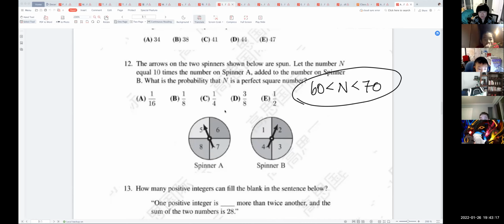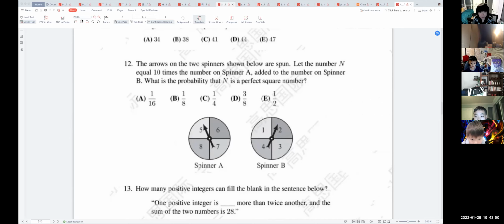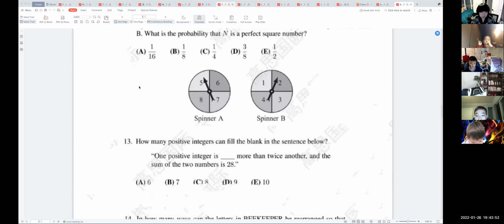So Isaac, how many numbers of n are bigger than 60 and smaller than 70? So we have 61, 62, 63, 64, correct? Do we have anything else? Nope. So it's 4 over 16. So the answer is 1 over 4, because altogether there are 16 possible numbers. Correct, everybody? Okay.